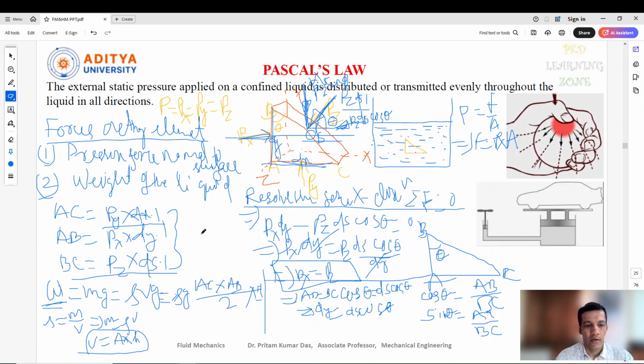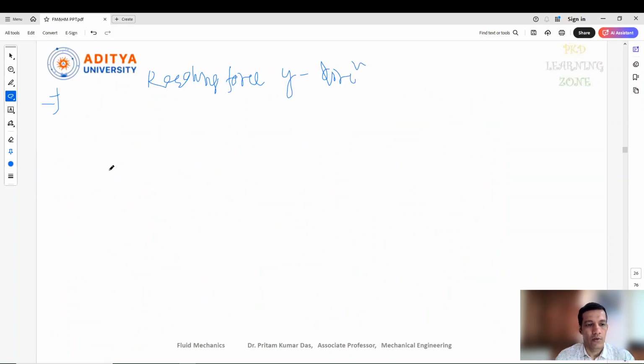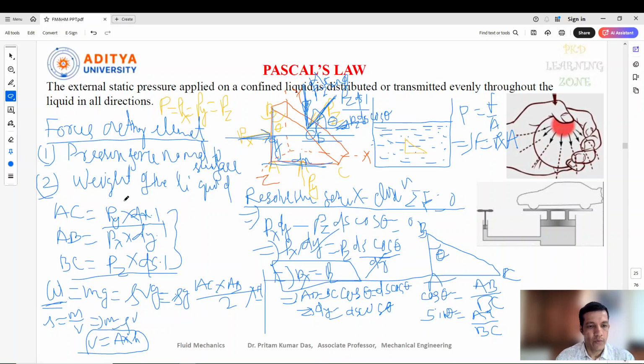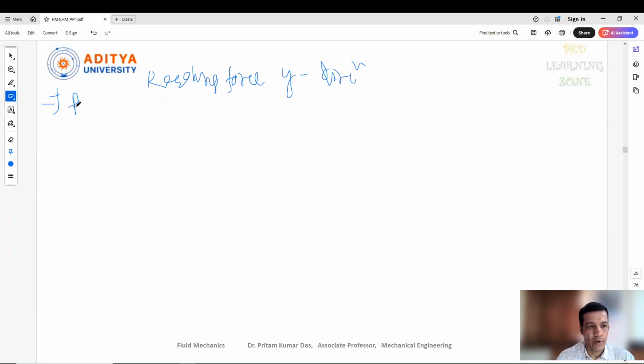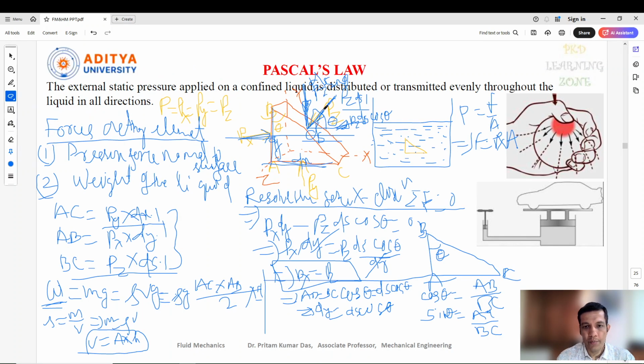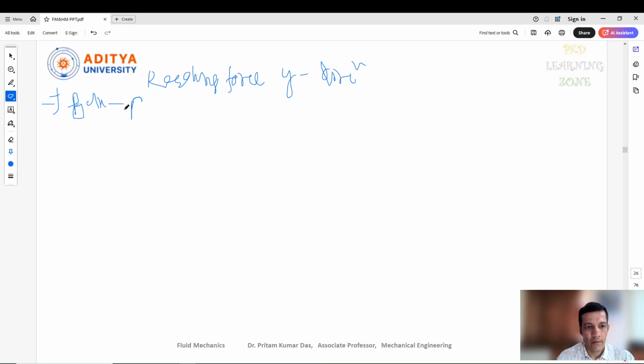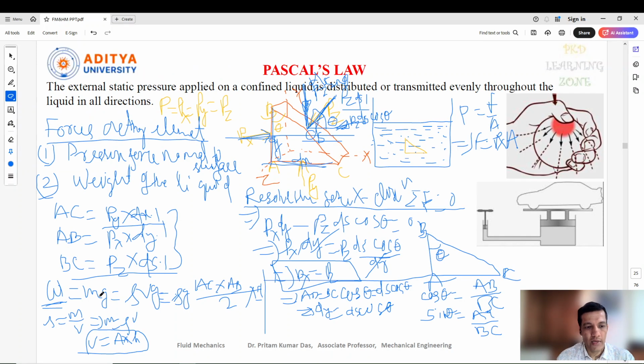Okay, so now how much is this? Py dx into 1, minus Pz ds sin theta, minus this W value, weight of the element.